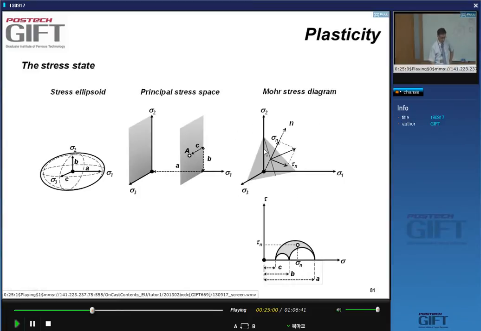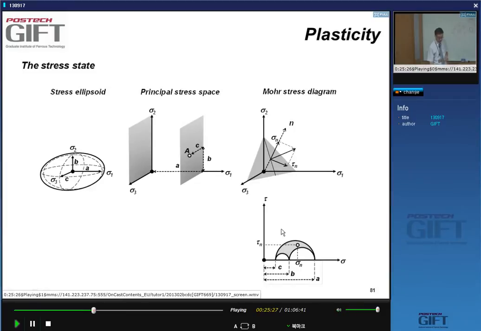Alternatively, you can think of little planes, and for a specific stress state, you will have a component normal to that plane and a shear component in that plane for any stress situation.